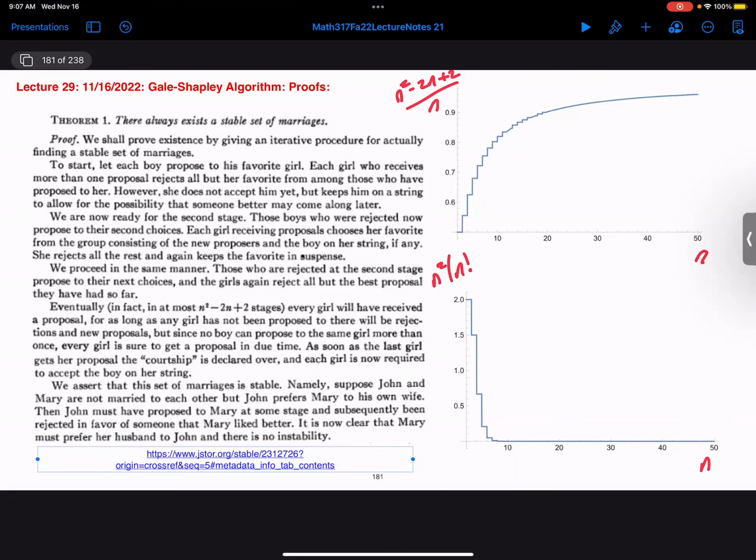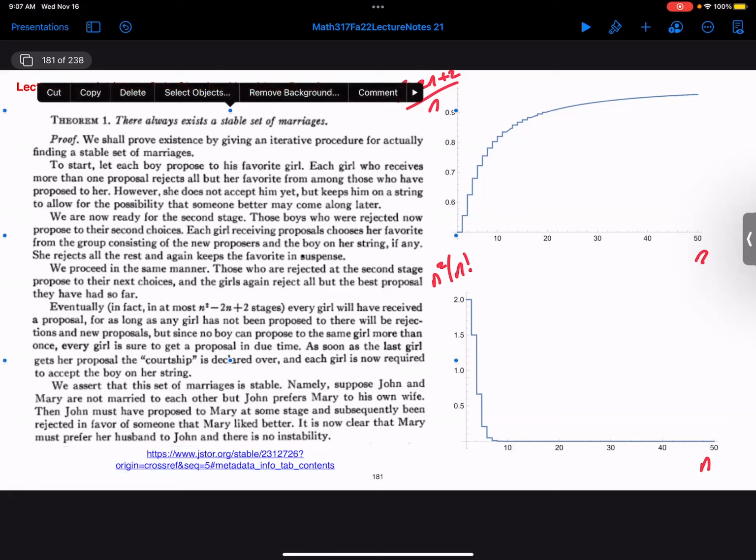Is it 1/10, 1,000th, 1/billionth, 1/trillionth? Because n factorial is growing so much faster, it's indistinguishable from 0. What could we do to this graph so that it would become more understandable?